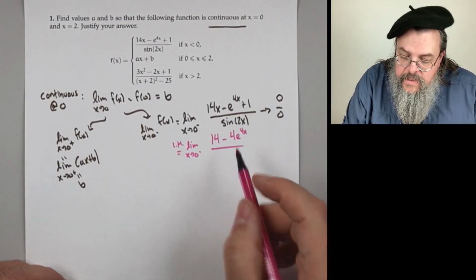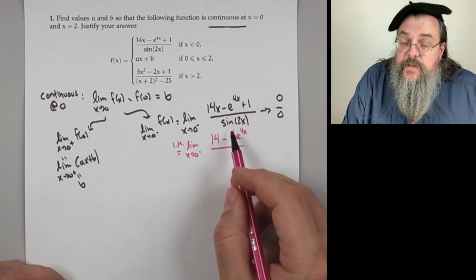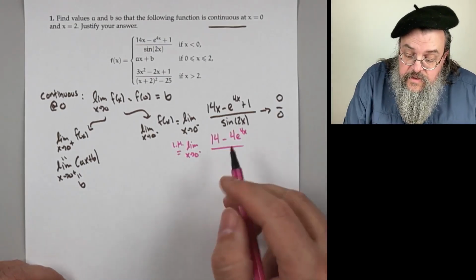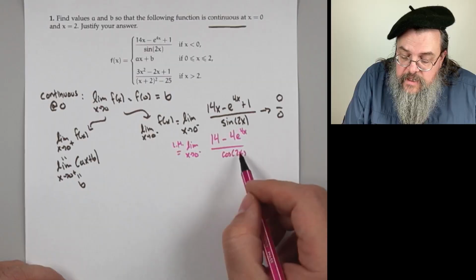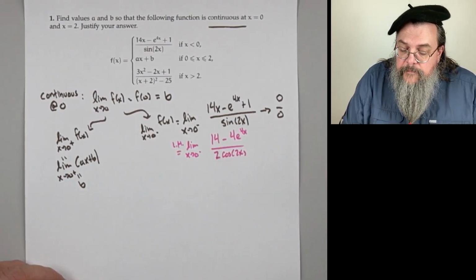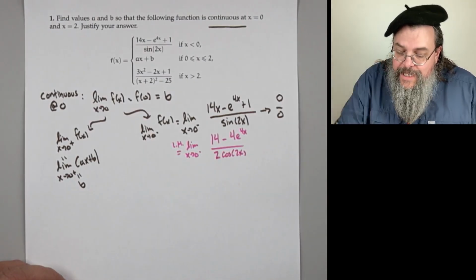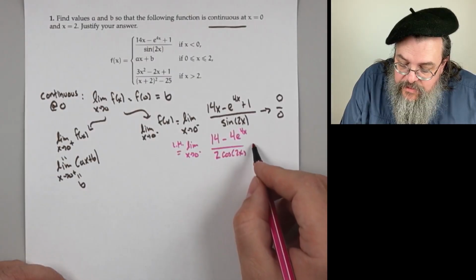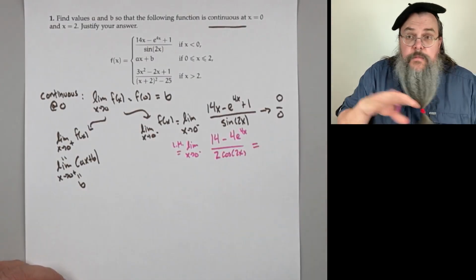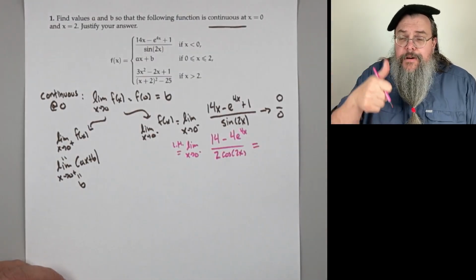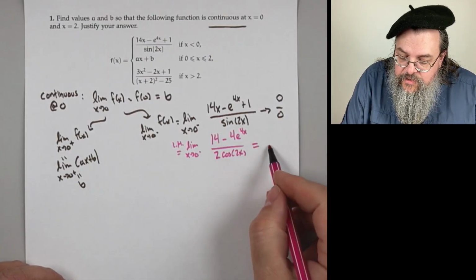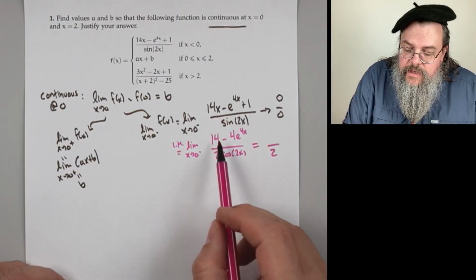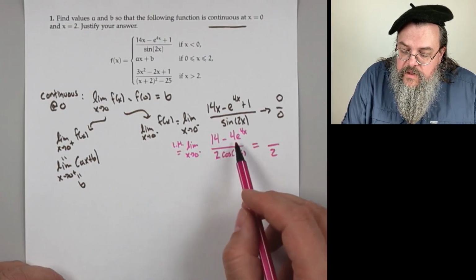Downstairs, the derivative of sine is cosine, and bring out the 2. Okay, mon amis. What does this do? You plug in the 0. No more 0 downstairs. Ho, ho, ho. It is complete. So we get 2 times 1, which is 2. Upstairs we have 14 minus the 4.